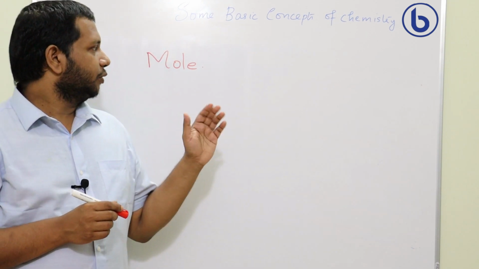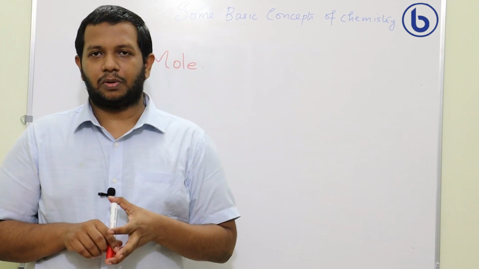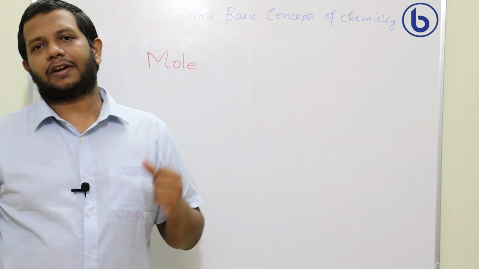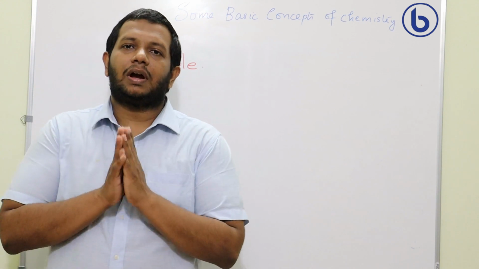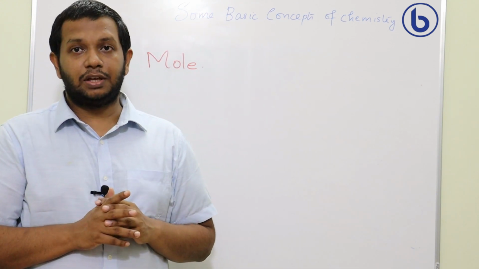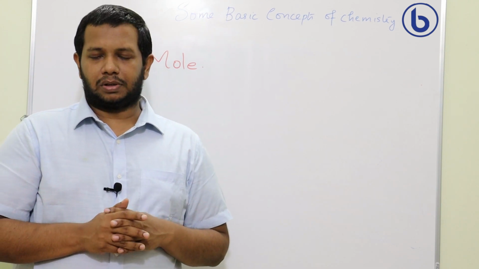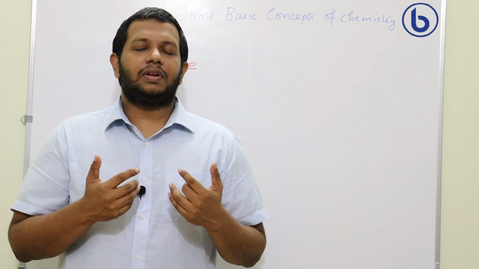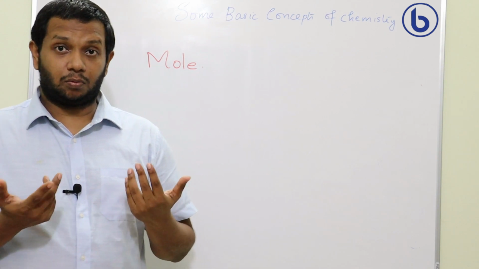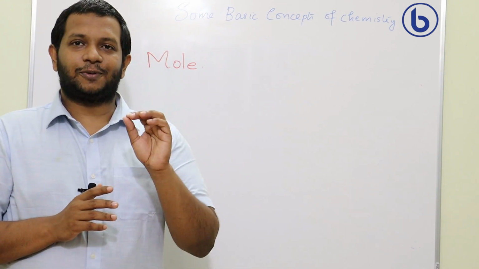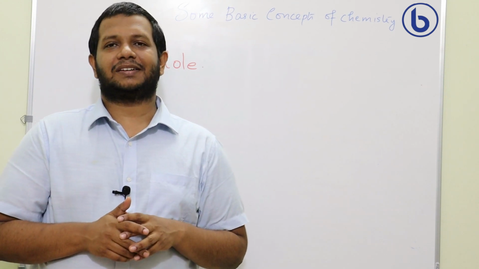So how am I going to introduce this concept? I am not going to start very fast. I will just give you a fair idea with a different example. How many of you have heard the term dozen? Most of you might have heard. Whenever we hear the term dozen, what will come to your mind? I am sure a value of 12 will come to your mind, correct?